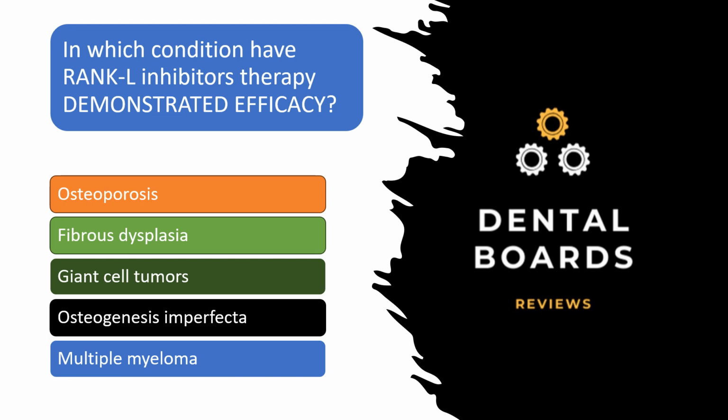According to the AAOMS 2022 update on MRONJ, RANK ligand inhibitors have proven efficacy in treatment of giant cell tumors of bone and fibrous dysplasia.